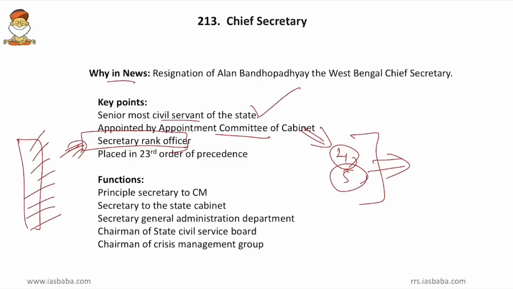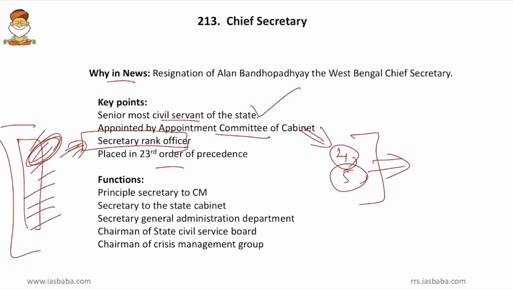In this hierarchy, the Chief Secretary belongs to the rank of a Secretary, or the second rank below the Cabinet Secretary. And then he is placed in the 23rd order of precedence. So, what is the 23rd order of precedence, friends? It is that the Constitution provides various orders of precedence starting from the President to the lower officers. In that order, the Chief Secretary is placed 23rd.